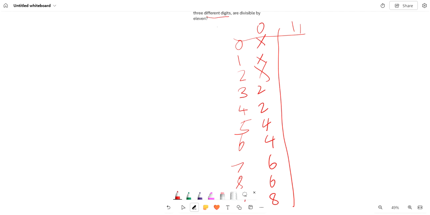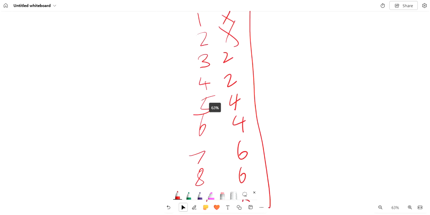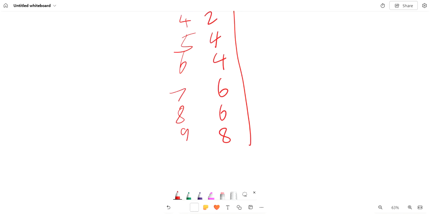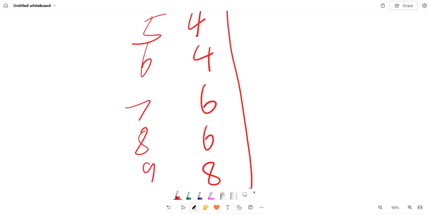Okay, we can just write that for reference here. A plus C minus B. And if they sum to 11, we can see that. So we can start from 9. If it sums to 11, that means A plus C sums to 20. That's not possible because a plus c has a maximum of 18, and even with 9 plus 9, there has to be a difference.